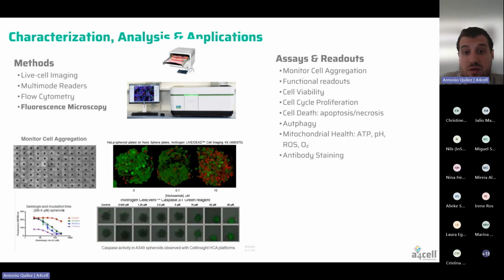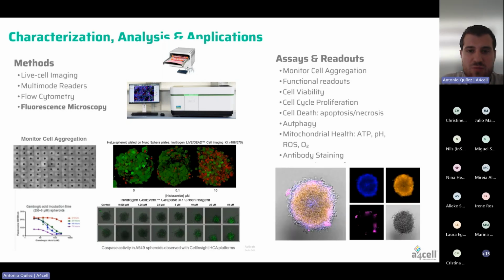Also analyze cell viability, proliferation of the cells, label them with apoptotic markers to see if they are undergoing cell death, autophagy, and also focusing on mitochondrial analysis, including ATP production, pH, reactive oxygen species, oxygen consumption, and oxygen levels. And also we can stain them to analyze the expression of different proteins with antibodies.